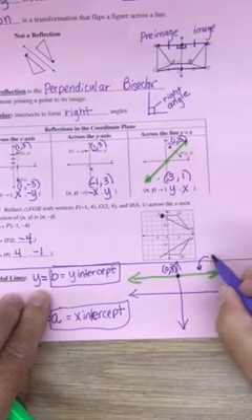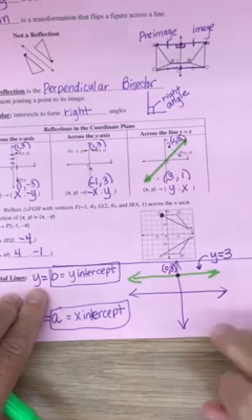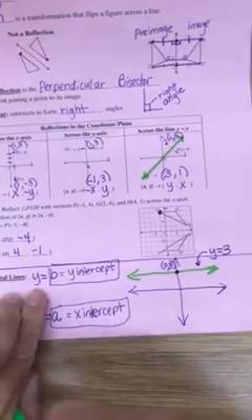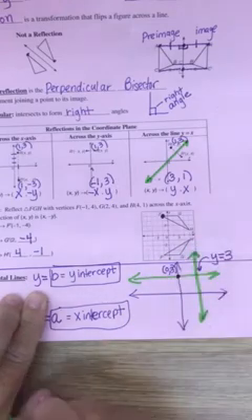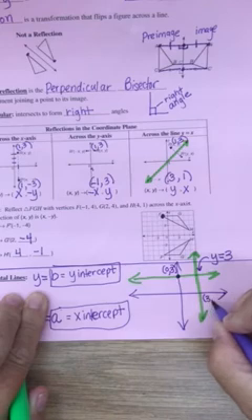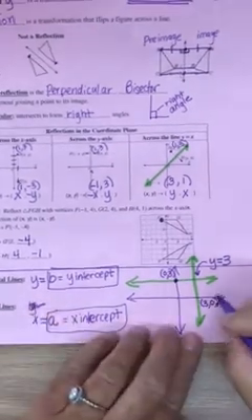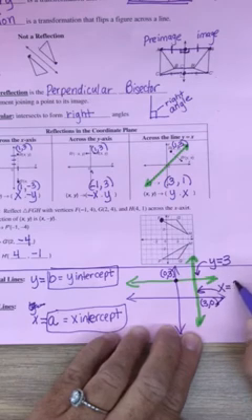The name of this line would be y equals 3. So it's the y line. And a vertical line, if I went vertical and I named this point 3, 0, this line is x equals 3.